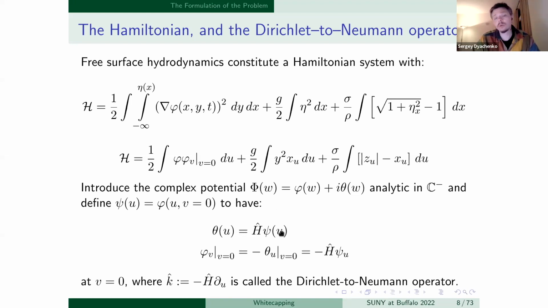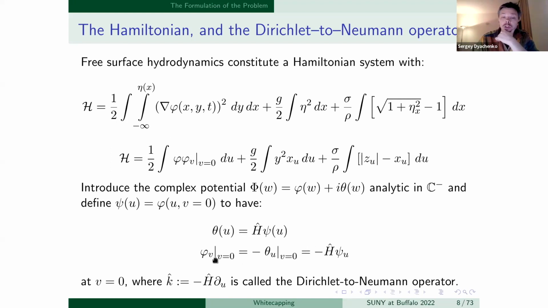And then you can also write down a bunch of relations for the stream function and use the Cauchy-Riemann relations. You can write that the stream function is the Hilbert transform of psi. This is just a property of an analytic function evaluated at the real line. And then dphi by dv, you can rewrite as minus d theta by du using Cauchy-Riemann. Theta is minus the Hilbert transform of psi.